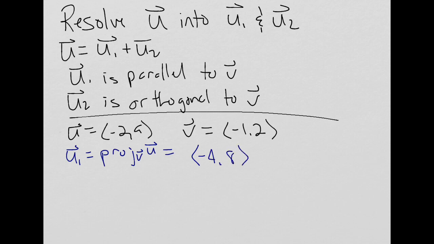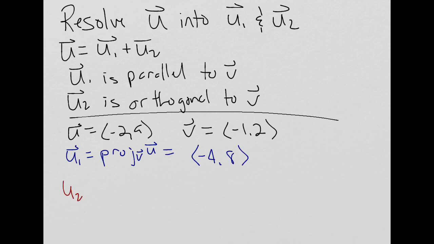Well, now I need some u2 which is orthogonal to v. Turns out, though, that I don't need to start messing around with dot products to figure out orthogonality. I can certainly use them to check, but it's this that's going to be key. u is equal to u1 plus u2, so if I take u and I subtract u1, I better get u2.